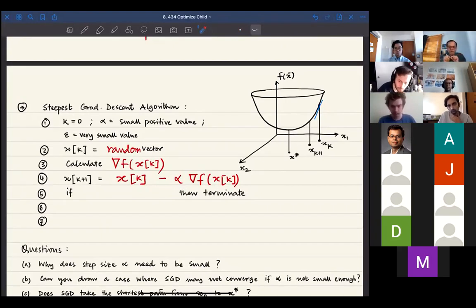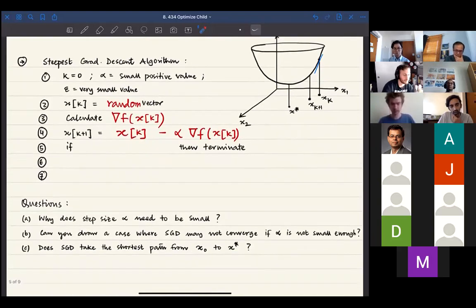At any point you ask, what is the negative of this gradient direction? You take an epsilon step towards that, and again you compute, because after you take that step, the mountain could have changed. So you need to find the new direction in which the gradient is taking you most downward. So you have to keep computing the gradient as you take epsilon steps, but that will take a huge amount of time. So there's a trade-off: if you have a lot of time to wait, you can make epsilon really small, so alpha really small. If you want to get there quickly, you make alpha large, but there are some problems if you make alpha large.